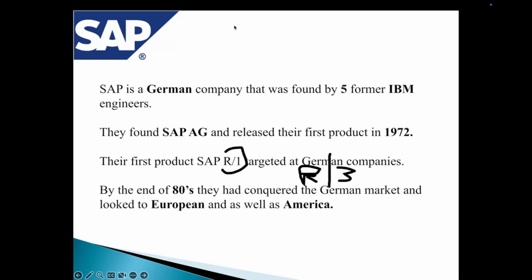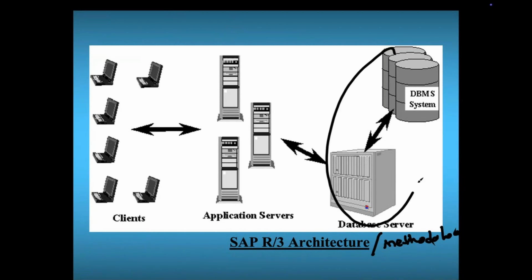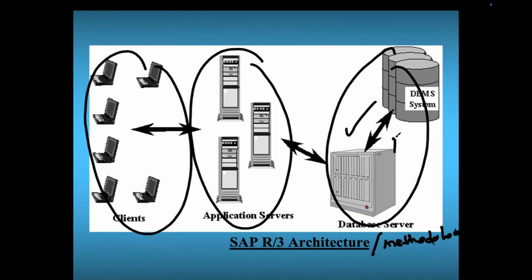How does this three-tier architecture work? Three-tier architecture is also known as three-tier methodology. This is a database server, this is an application server, this is an end user server. This is your server setup maintained by the admin. This is the consultant work area. This is the end user work area.